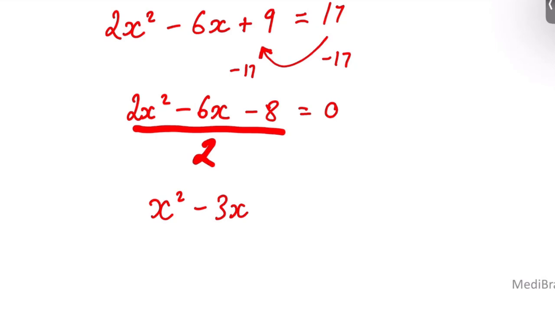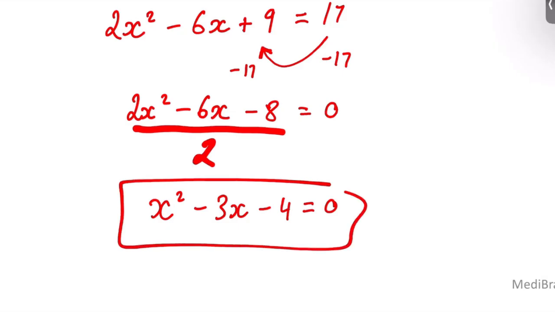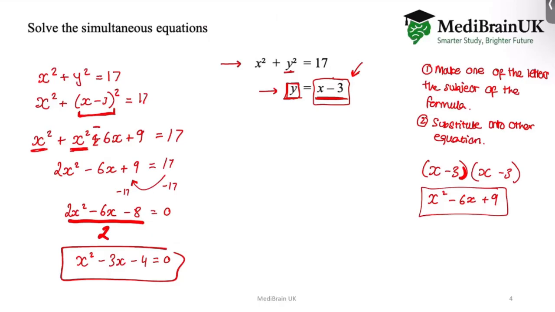And then 8 divided by 2 gives you 4, so minus 4. And that's equal to 0. So this is our simplified version, x squared minus 3x minus 4. Now we're going to factorize that out. So x squared minus 3x minus 4 equals 0. We're going to factorize that into two sets of brackets.